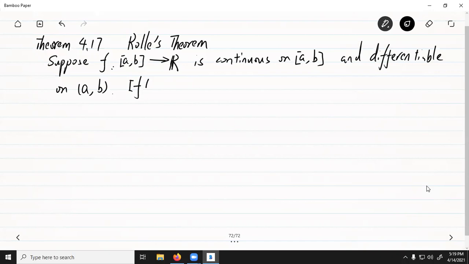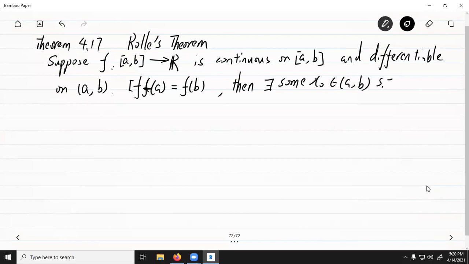If f of a equals f of b, the endpoints have the same function values, then there exists some x0 between a and b such that f prime of x0 is equal to 0, right?